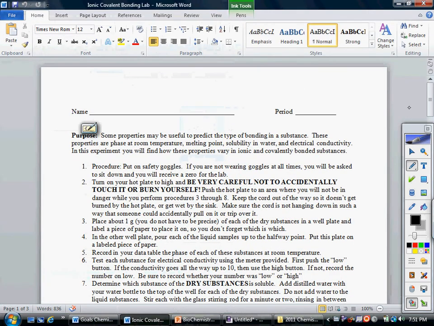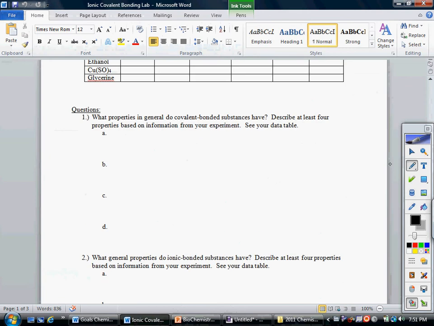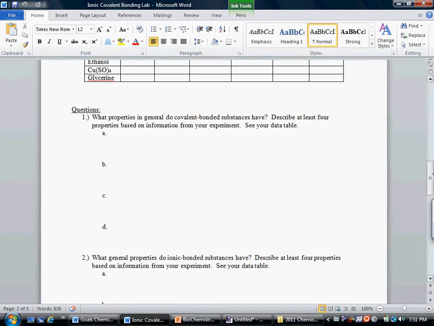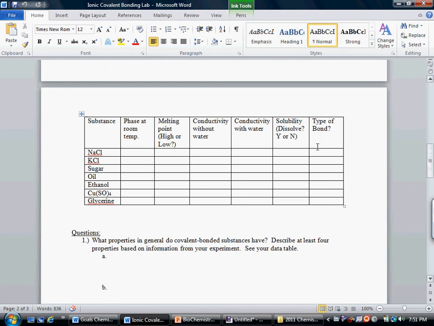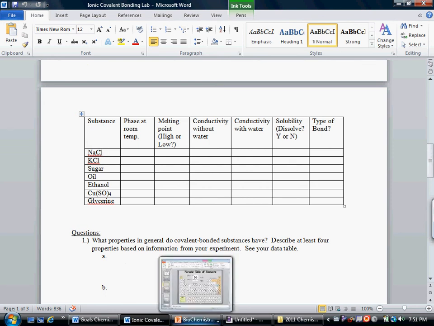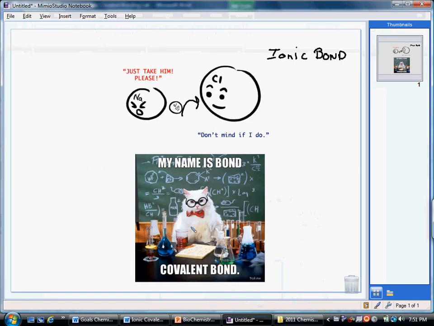It had the long procedures, and you worked your way through it, and eventually you got to melt these different substances, and you had to say whether they had a high or low melting point. Well, hopefully you found that sodium chloride, like the compound that I just showed you in this illustration, had a high melting point.